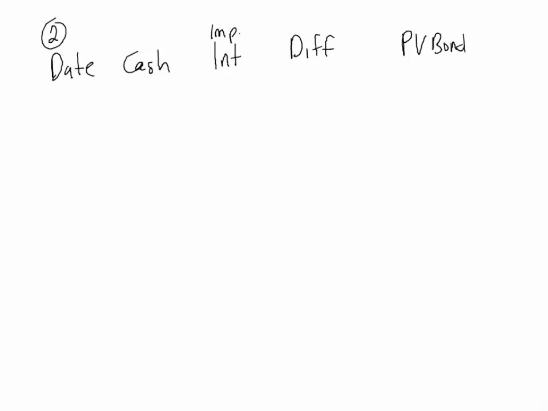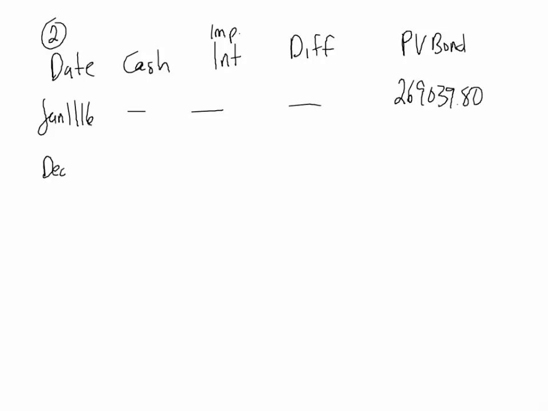So at January 1st, 2016, we've got none of these things yet, but we do have a present value of the bond. Remember, the present value of the bond is $269,039.80.